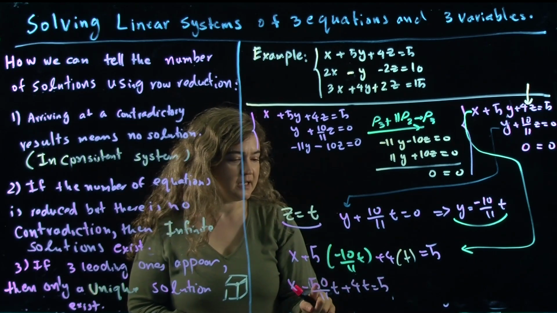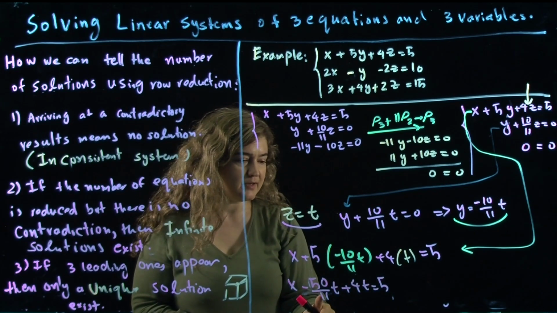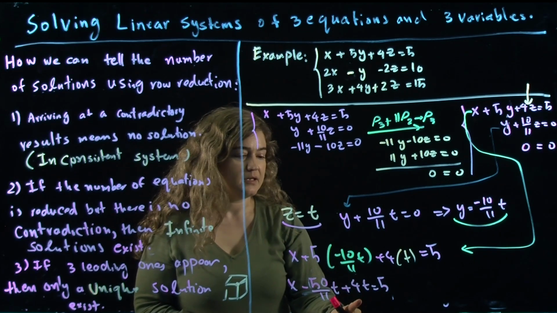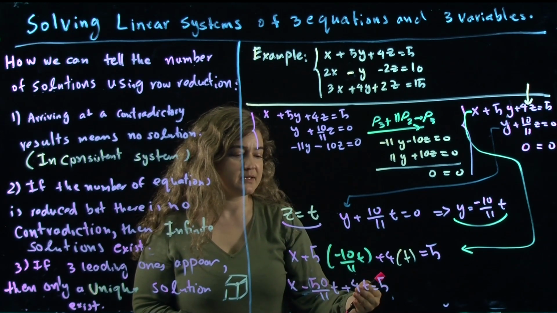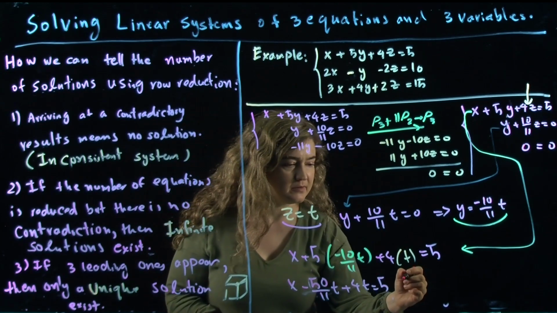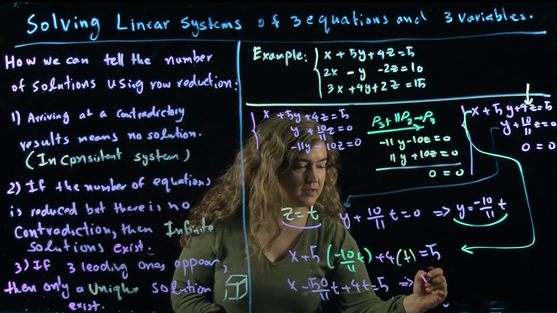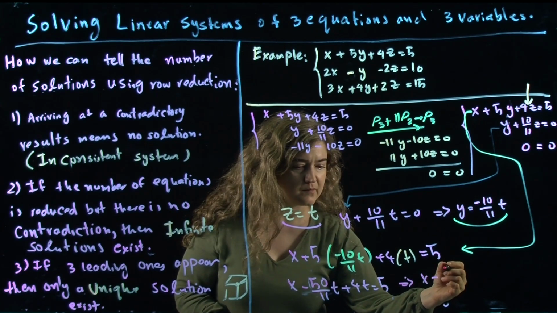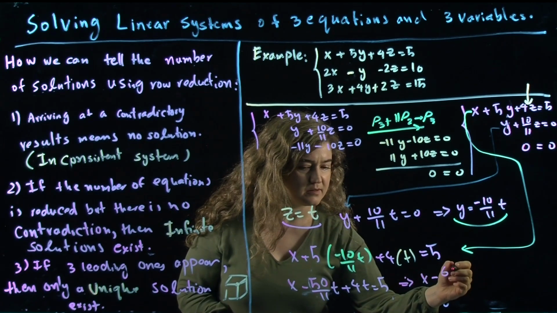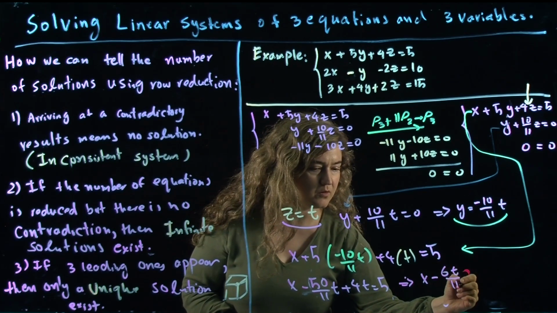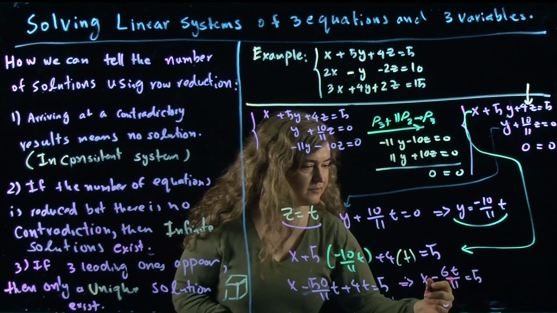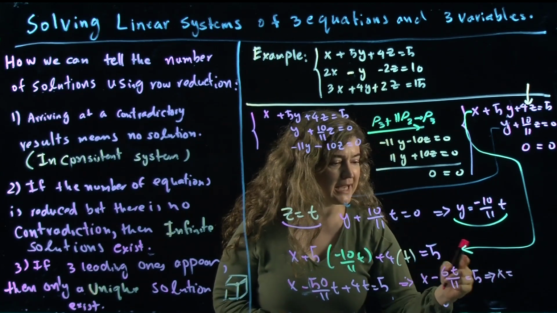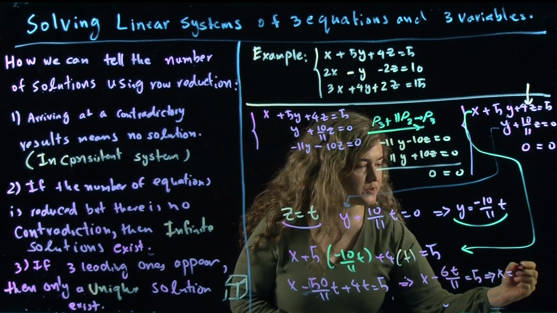That is negative 50 over 11 plus 44 over 11. That makes it negative 6 over 11 t. x minus 6t over 11 equal to 5, and that solves by adding 6t over 11 to both sides.